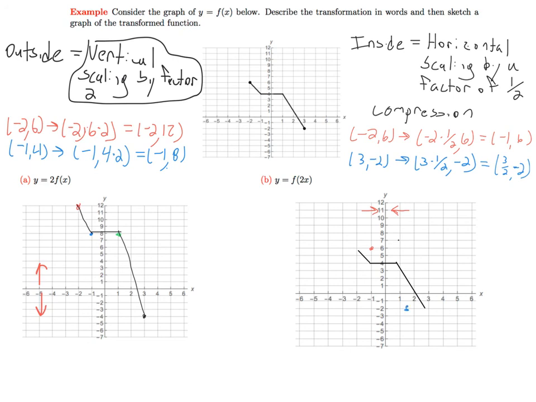And we do this for every other point. So this point at minus 1, 4 winds up halfway closer to the y-axis at minus 1/2, 4. And this point at 1, 4 gets moved halfway closer to the y-axis over here. It winds up going to 1/2, 4. And so we get the following graph here.